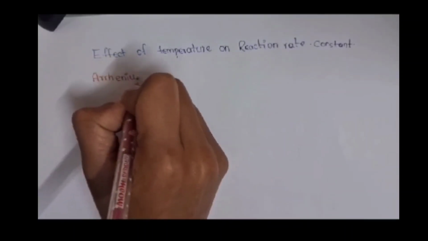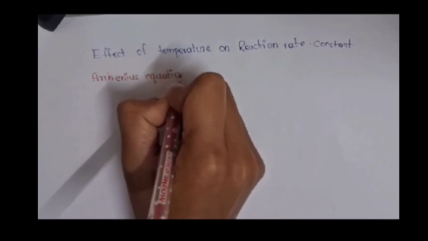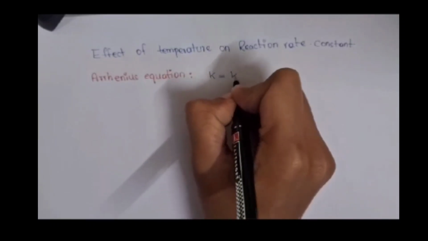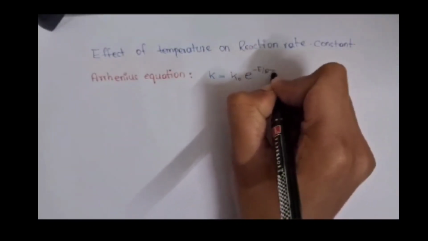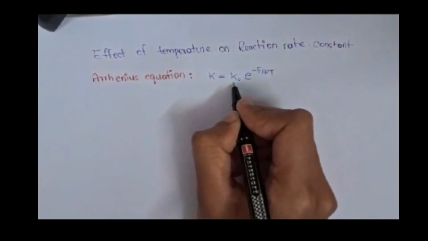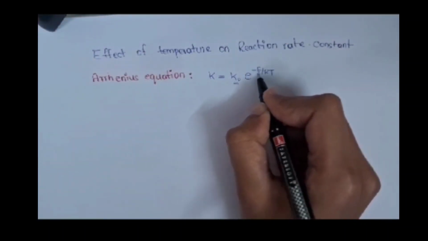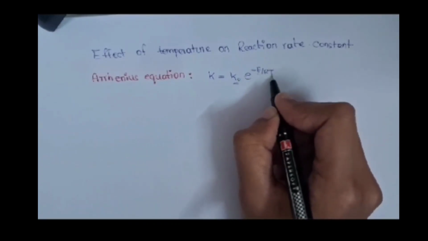According to Arrhenius' law, K = K0 e^(−E/RT). Here, K0 is the frequency factor, E is the activation energy, R is the universal gas constant, and T is the absolute temperature.